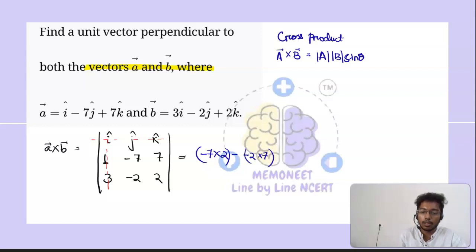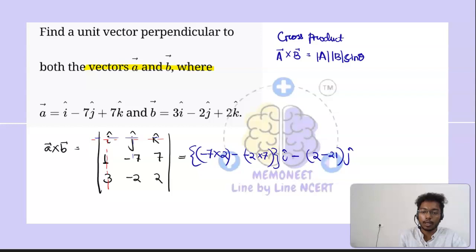Then for j cap, we forget about its row and column: we have 1 into 2, that is 2, minus of 3 into 7, that is 21, for j cap.